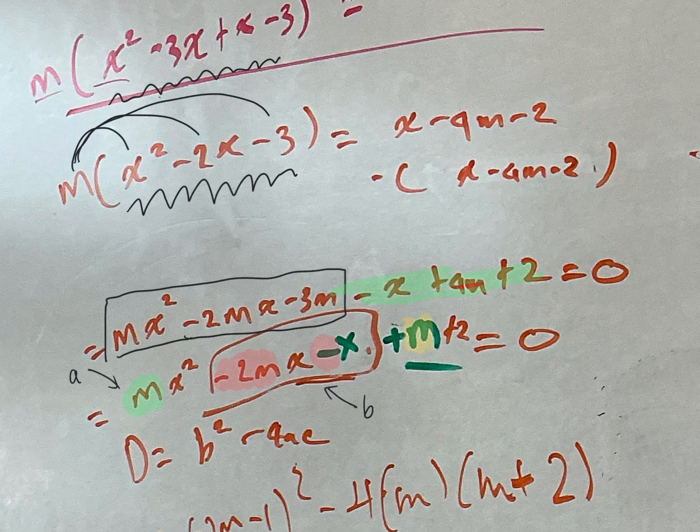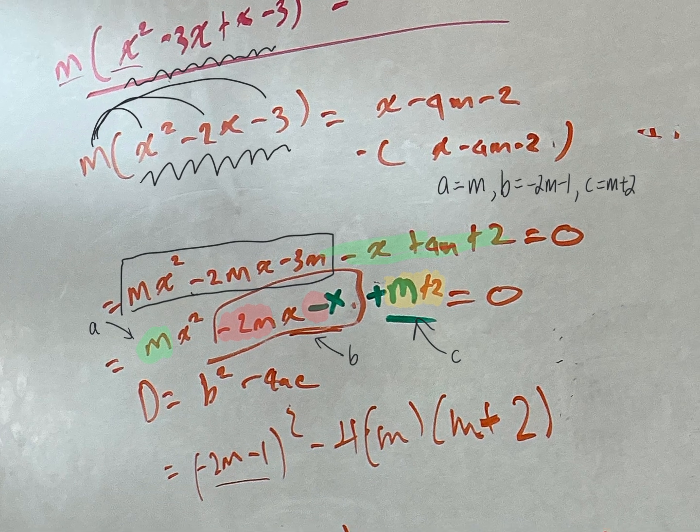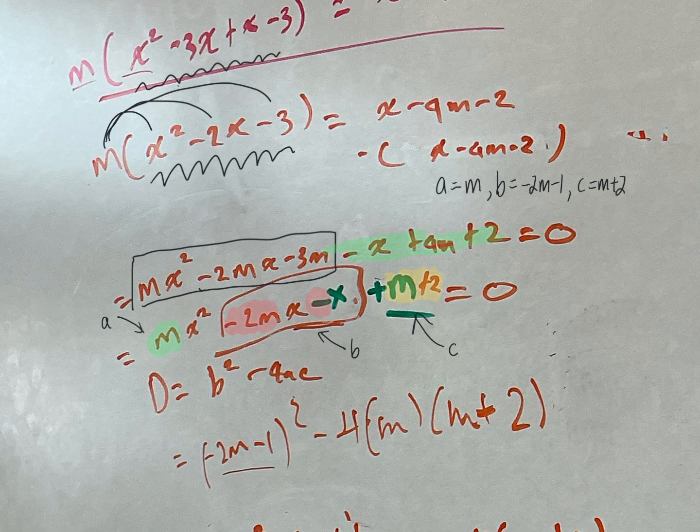So make sure you can identify your ABC correctly. Your A in this case is m. Your B is minus 2m minus 1. And then your C is m plus 2. Make sure you identify this correctly. Okay, next one. Put in your discriminant, B squared minus 4AC.